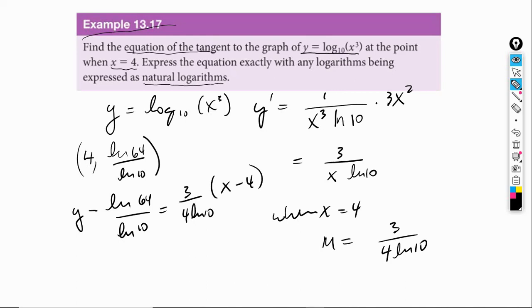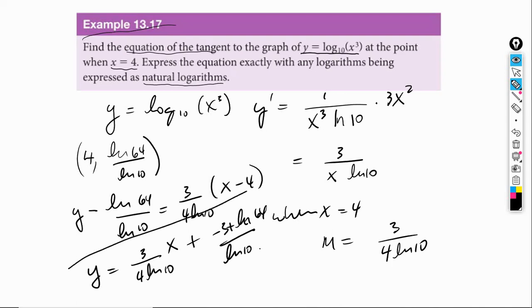And then if we expand and rearrange, we're going to get an expression that is equal to this. y equals 3 over 4 natural logarithm of 10 times x, the slope, plus negative 3 plus natural logarithm of 64 divided by natural logarithm of 10. So this would be the equation of the tangent expressed exactly and with only natural logarithms.